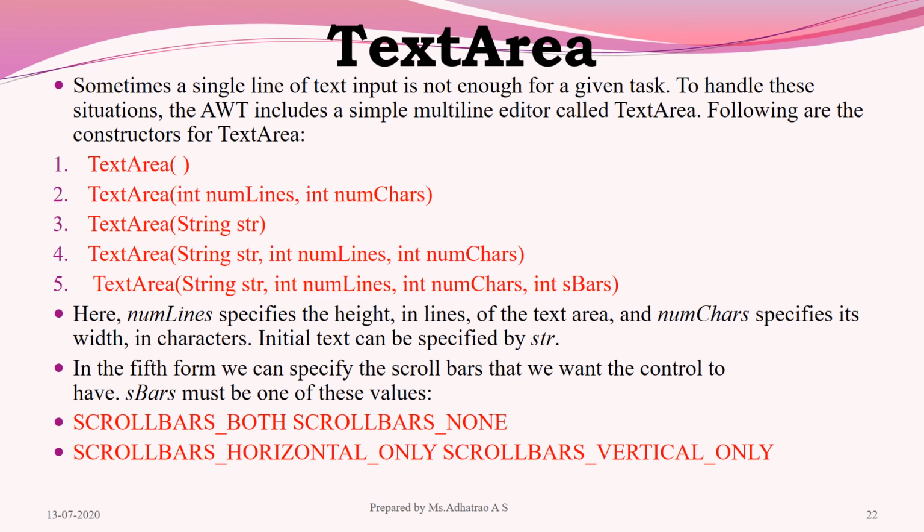In the fifth form, we can specify the scroll bars that we want the control to have. sBars must be one of the values SCROLLBARS_BOTH, SCROLLBARS_NONE, and the values SCROLLBARS_HORIZONTAL_ONLY, SCROLLBARS_VERTICAL_ONLY. So these are the values we can assign to the parameter sBars.